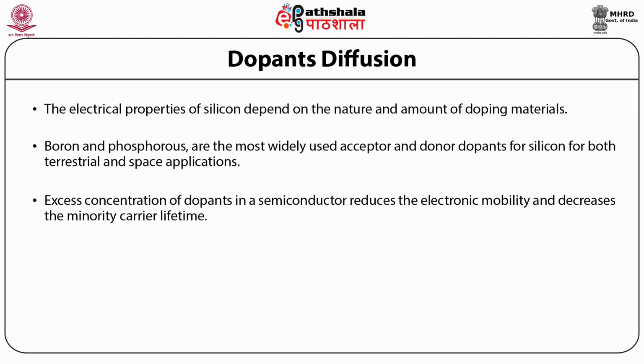Generally, in most of the crystal growth techniques, boron is always added in the molten silicon, which results in p-type wafers.